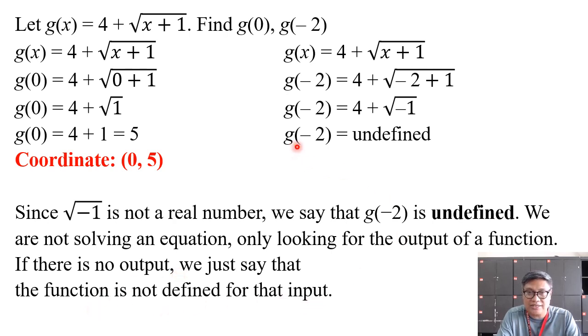So in this case, if the input is negative 2, then there is no output. So we just simply say undefined. So for this particular function, class, negative 2 will not give us an output for this function 4 plus the square root of x plus 1.